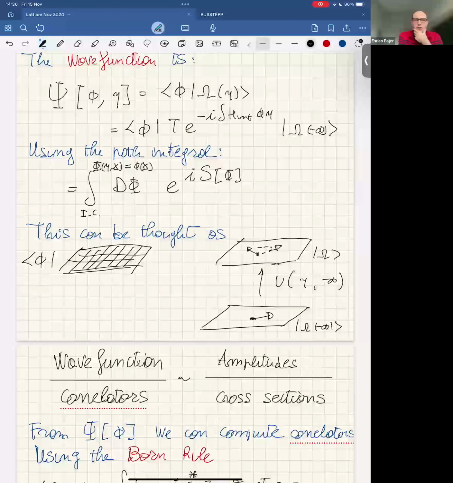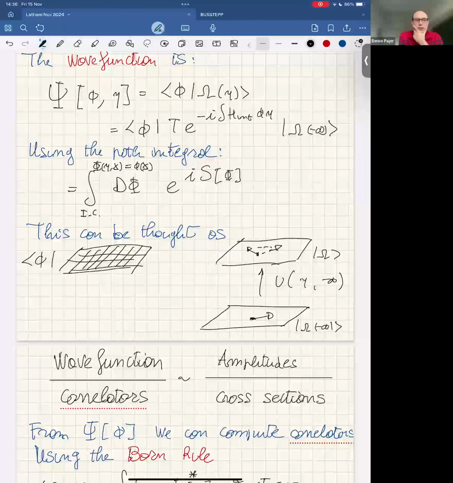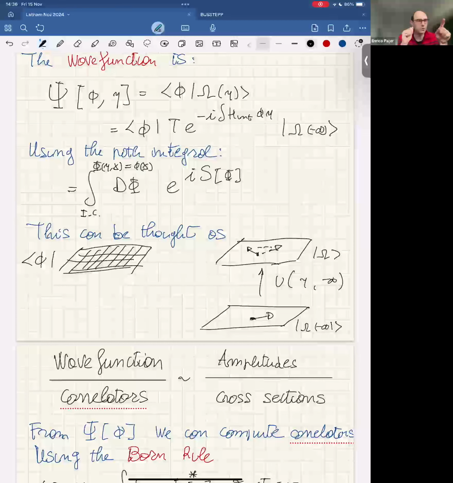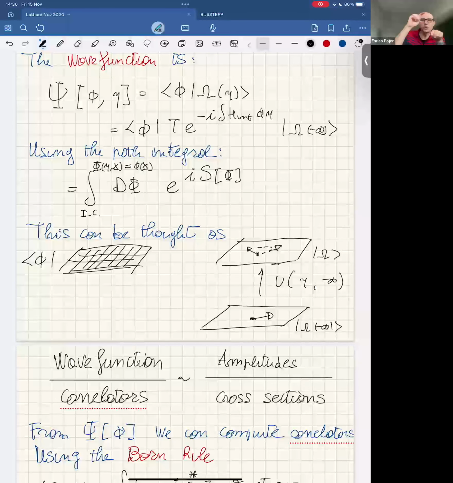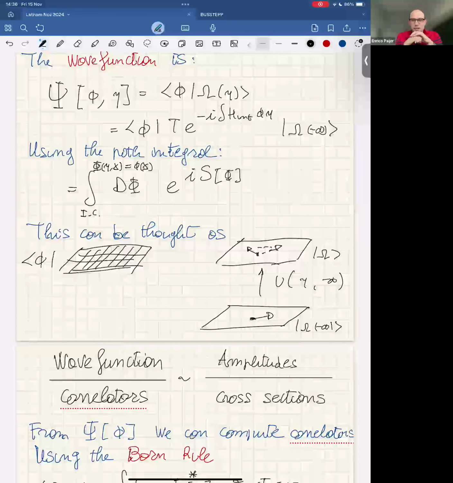So I don't think it's correct to think that wave function means path integral. However, both the wave function and correlation function can be computed either using operators or using the path integral. So maybe there are 4 possibilities. You can compute correlators, wave function, using operators, or using the path integral, and all options are valid.